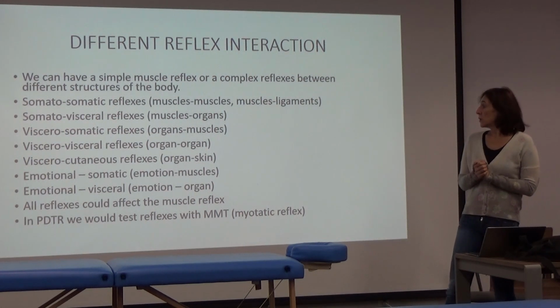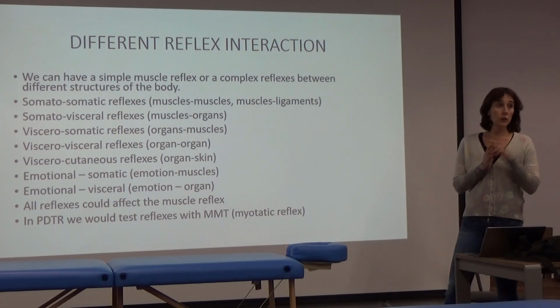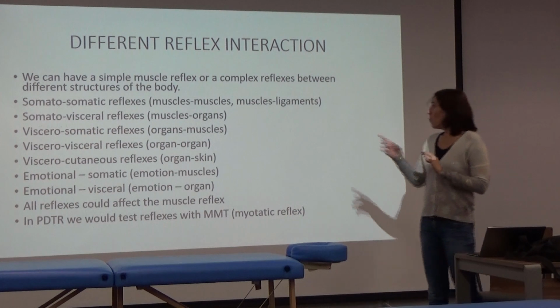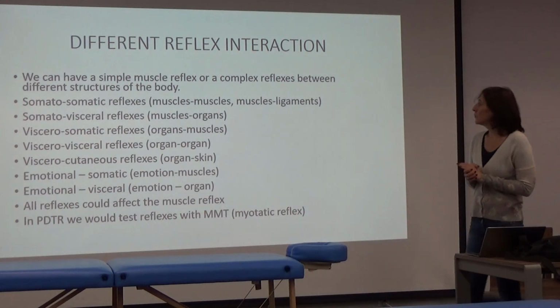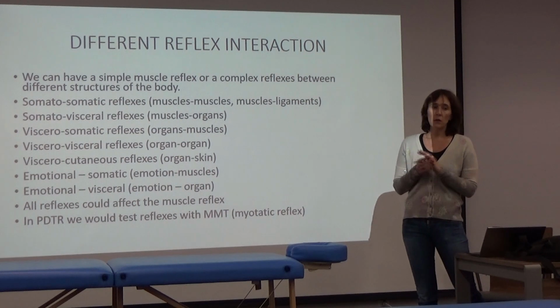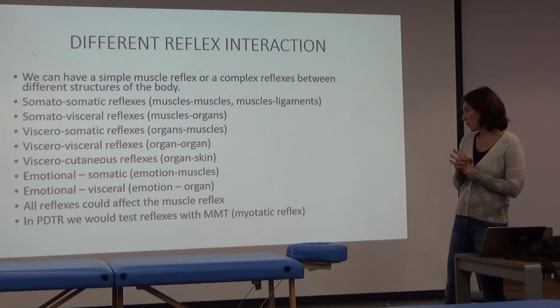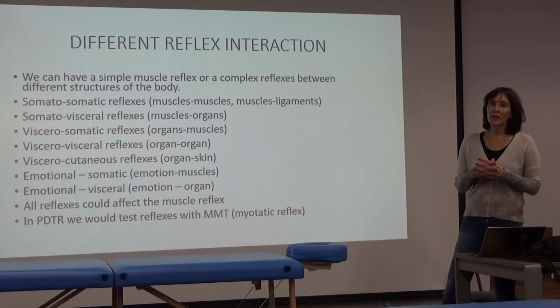So what is the most important in PDTR? Any kind of stimulus and any kind of reflexes could affect the most basic stretch reflex, which is used in manual muscle testing, and this reflex is called myotatic reflex.